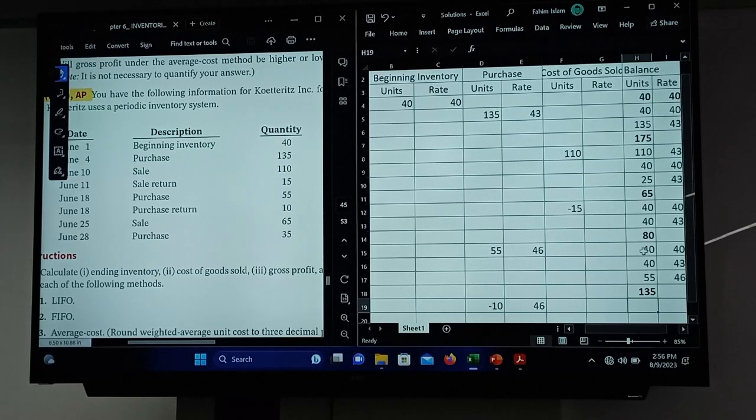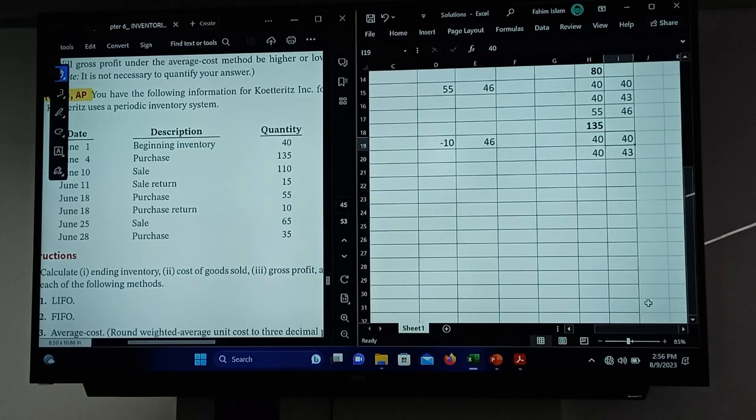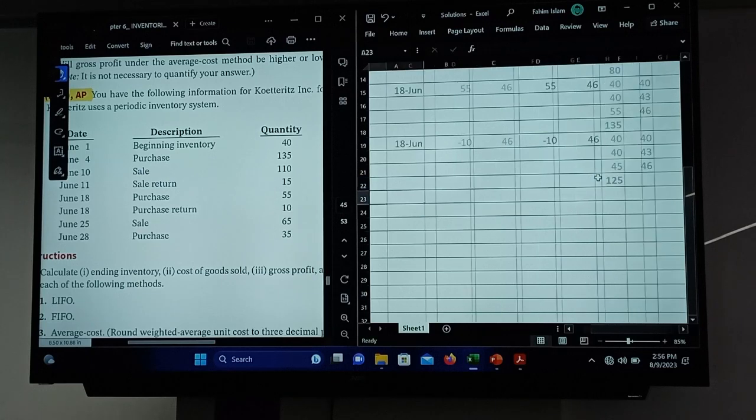So we'll write again the 40. The first two will be written as they are, and we will deduct 10 from this, which will be 45. The rate will be 46. So that total value will be 125. And this is our current balance, current inventory at hand.